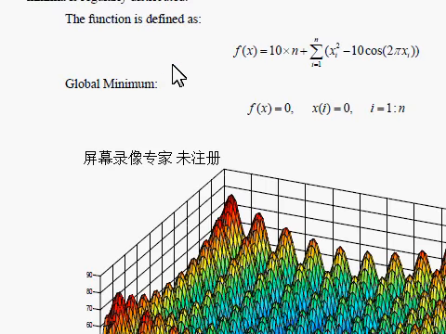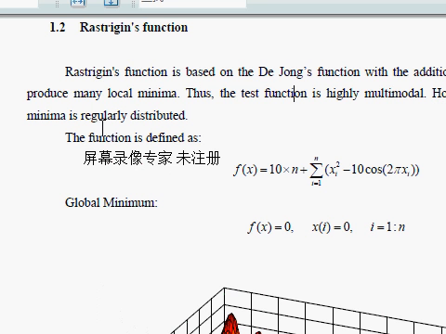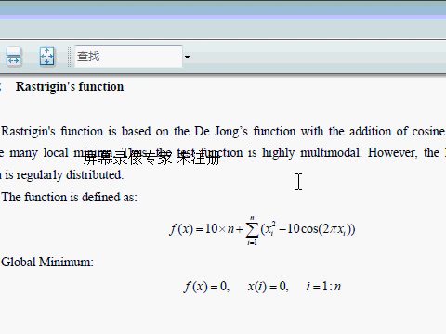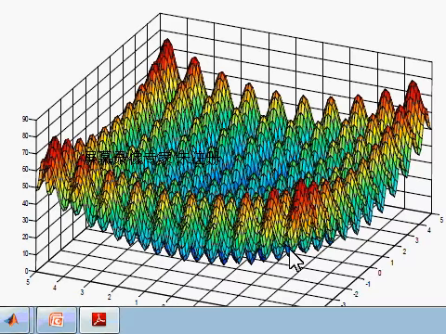And to evaluate the capability of this algorithm, we are going to use a test function. It's a function with multiple local minima and only one global minimum.